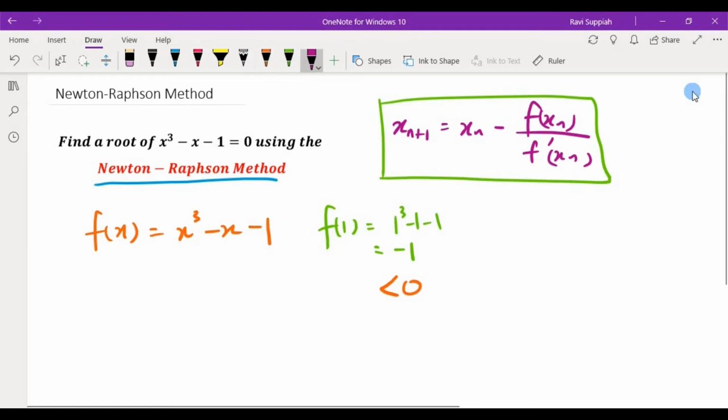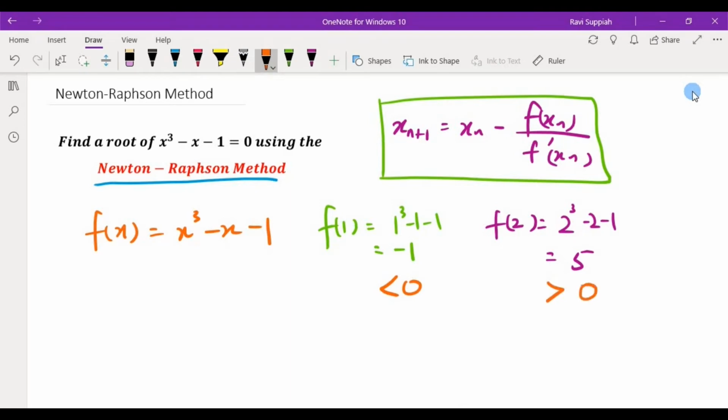If I take f(2), I get 2 cubed minus 2 minus 1, which is 5, and this is greater than 0. So we can say that there is definitely a root between x equals 1 and x equals 2.